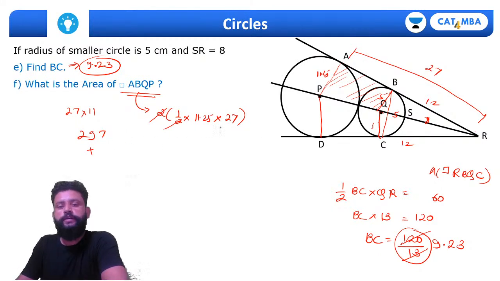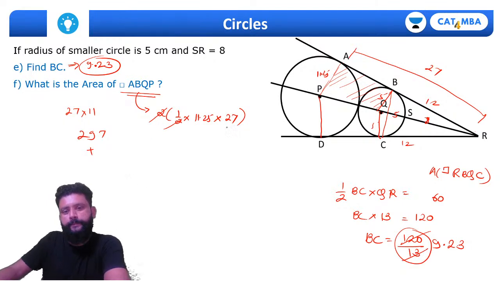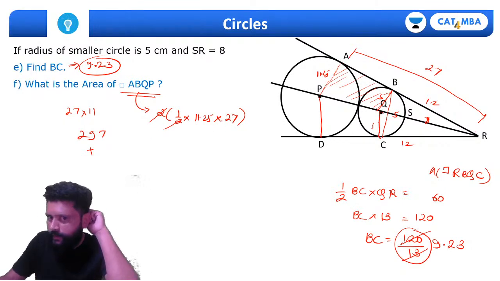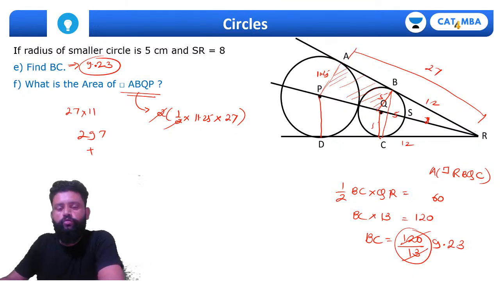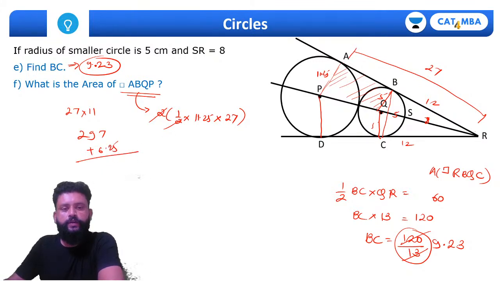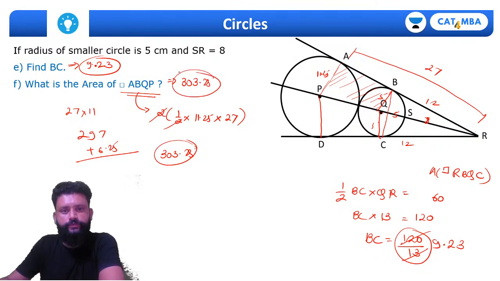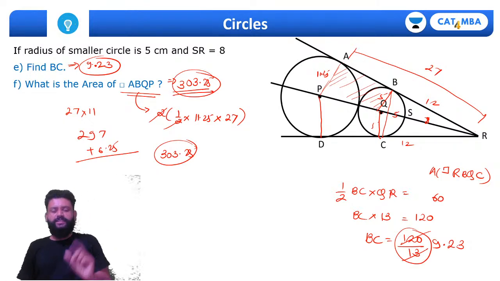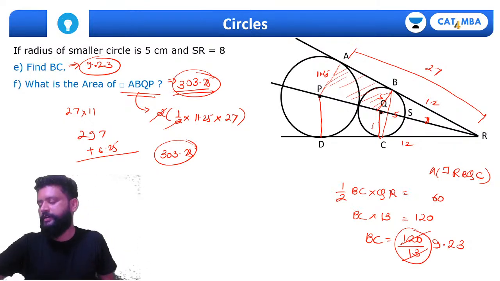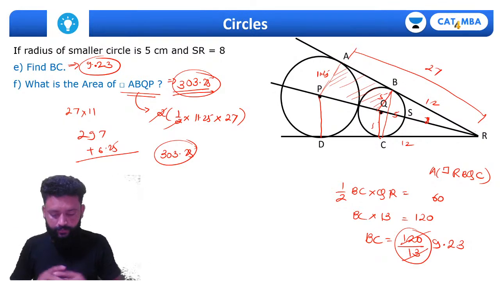If you want to do, this will be 1/4 of this, right? So 13.5 plus 0.25, which comes out to be 303.25. So answer for this will be 303.25. Okay, so at one place a small calculation mistake had happened, that's why, otherwise it's not that lengthy.